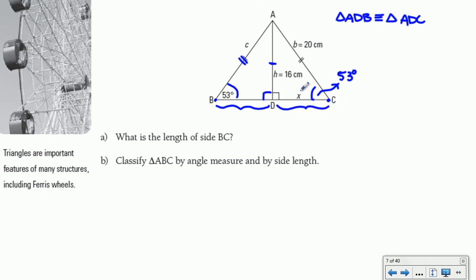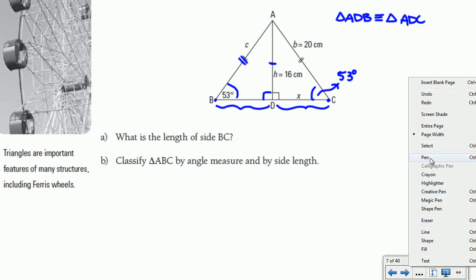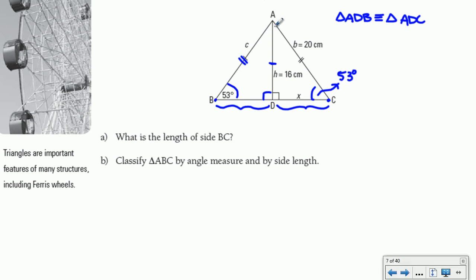So if I look at this triangle here and solve for x, I can just multiply that by 2 because I know that this is also x. Let's go ahead and figure out what x is first.